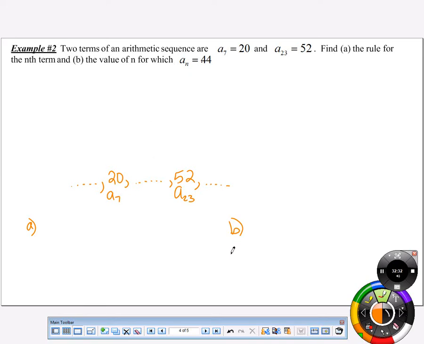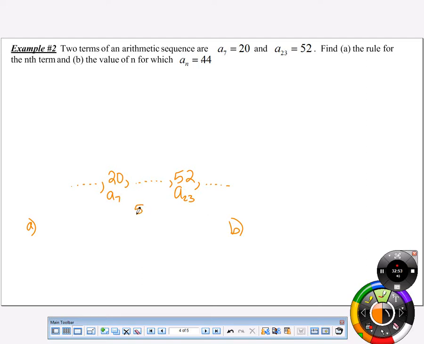Any ideas on how to find either one of those things? Koji? Okay, so what he's saying is I know it goes from 20 to 52.